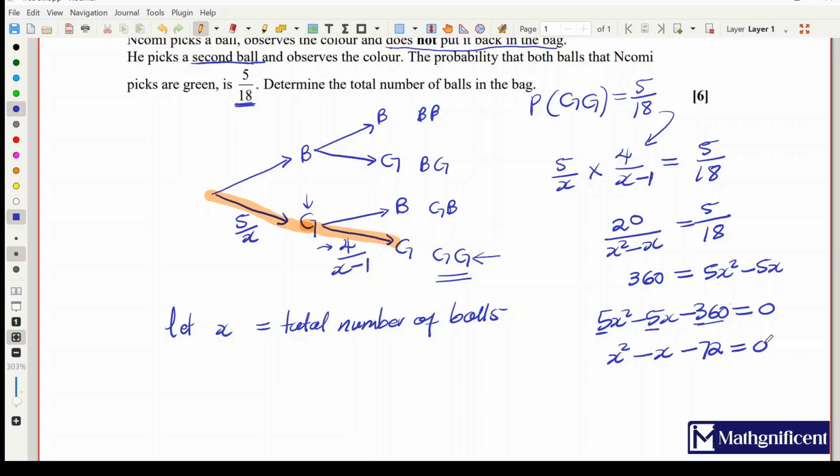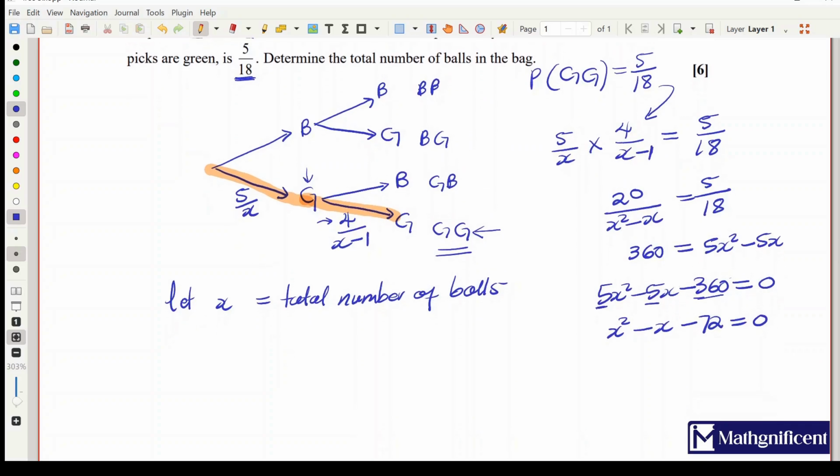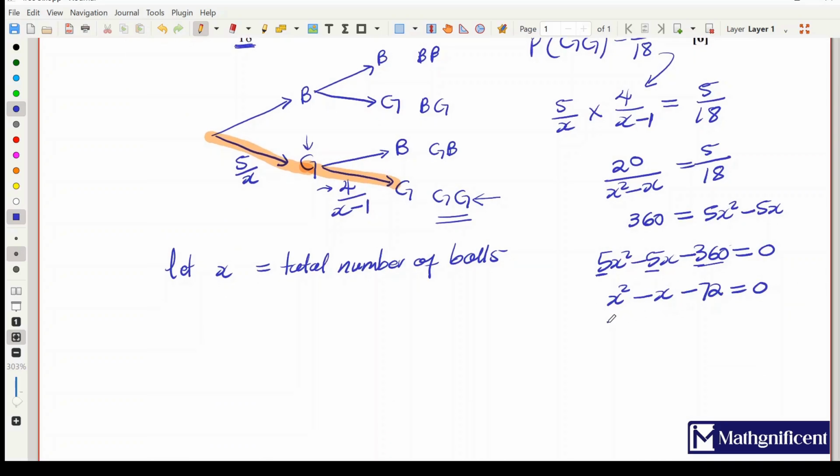And then we are going to be left with 0, because 0 divided by 5 is 0. Then from here, we know that we can factorize. So how can we actually factorize this? Remember that this can be factorized as x minus 9 and x plus 8, which is equal to 0.